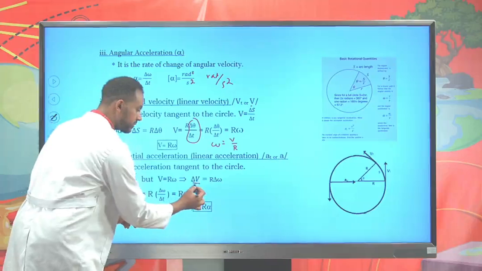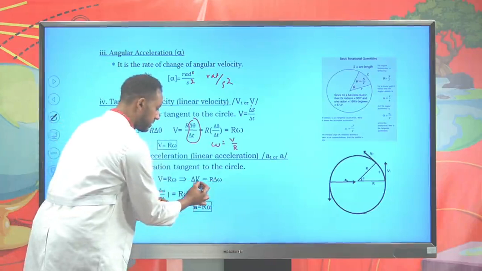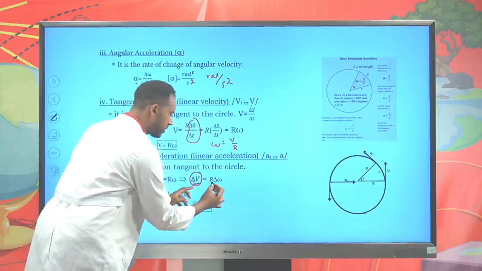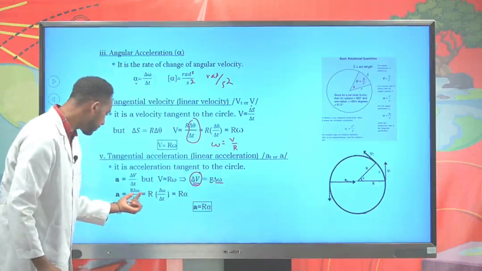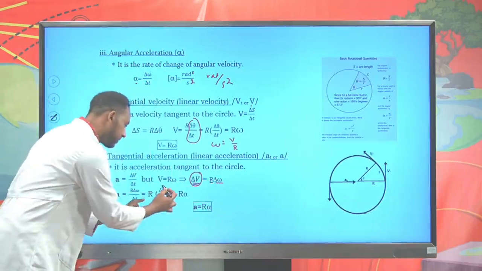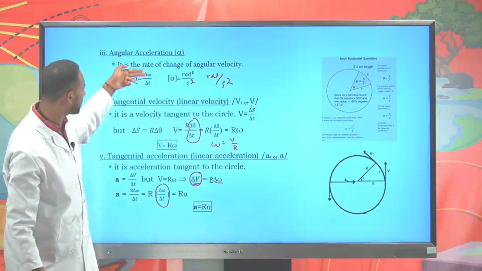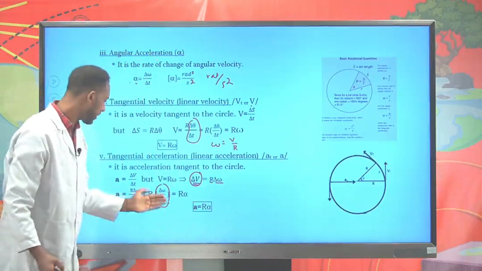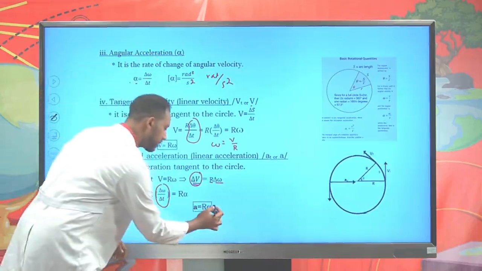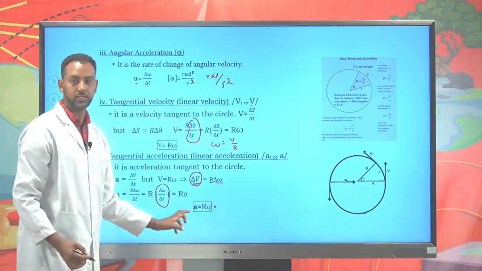Whenever there is a change in the angular velocity, the change in the tangential velocity equals radius times the change in the angular velocity. You can put it here so that you can find the rate of change of angular velocity. And the rate of change of angular velocity is called angular acceleration. So we can find an expression here: radius times angular acceleration is tangential acceleration.